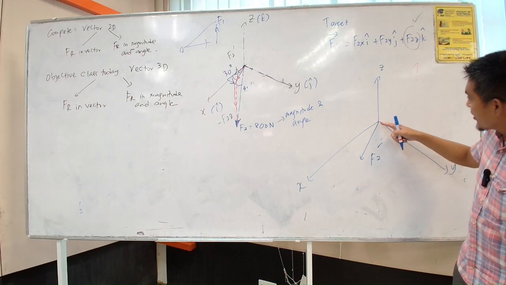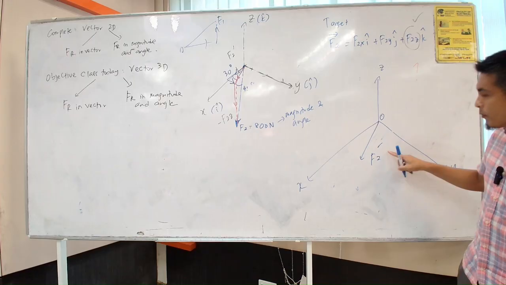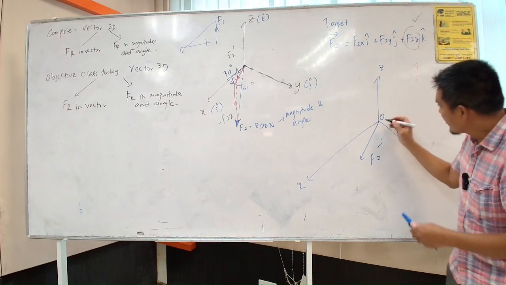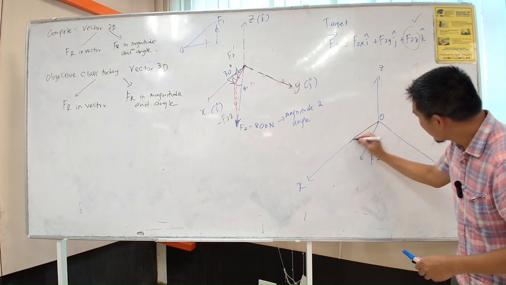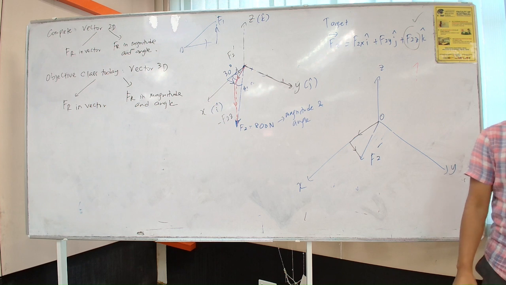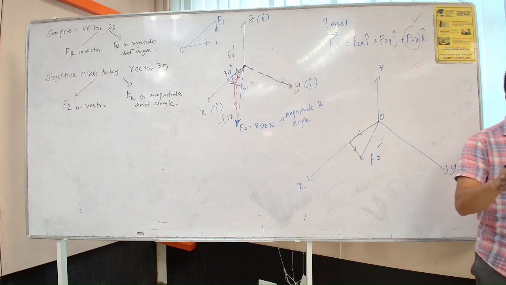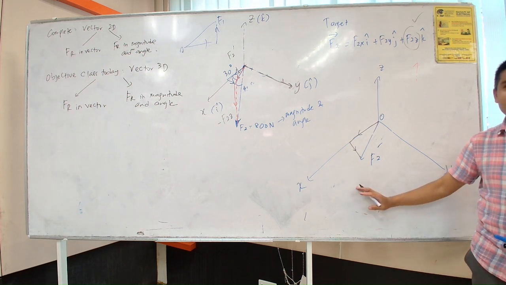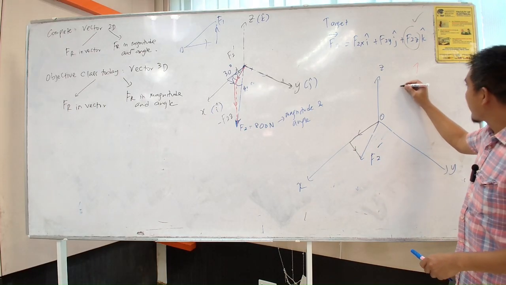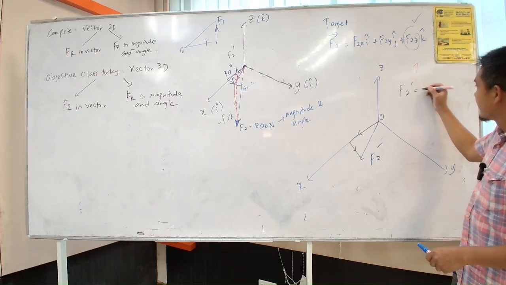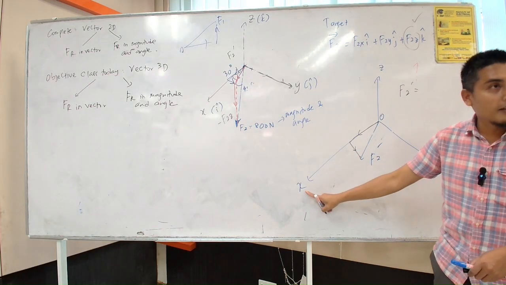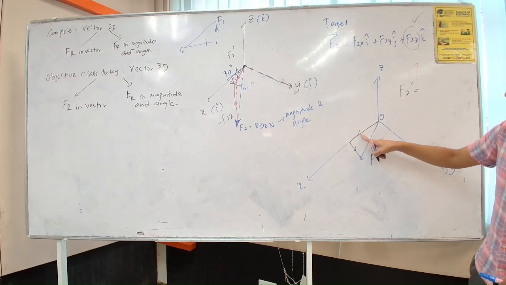So in order to get from origin to F2 prime, the vector direction is from here and here. Are you sure? Is it correct? Okay. So, in order to get F2 prime, this one is the X direction, is it? So, what is the label here?